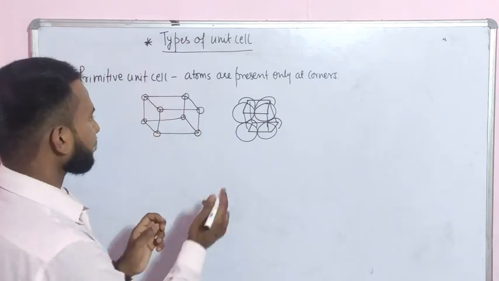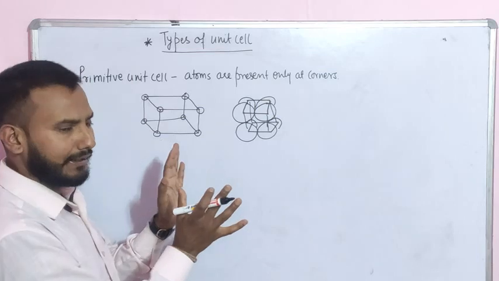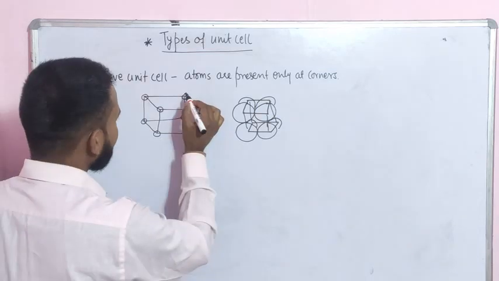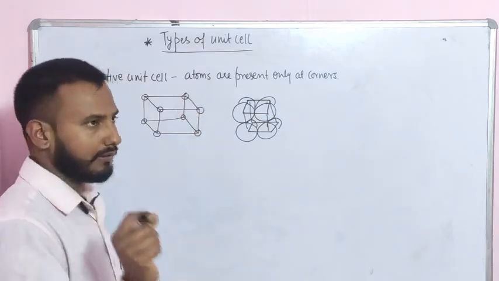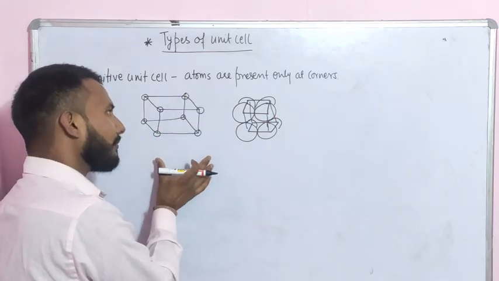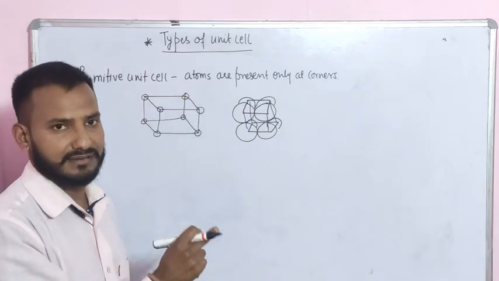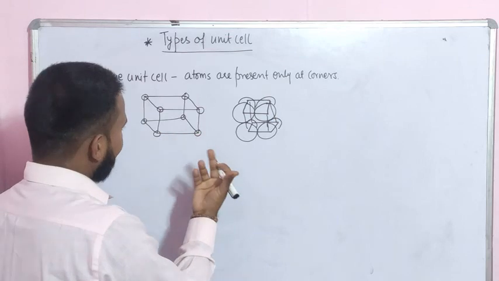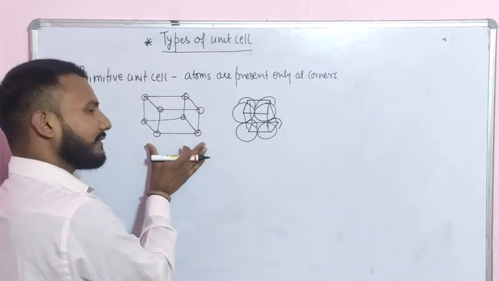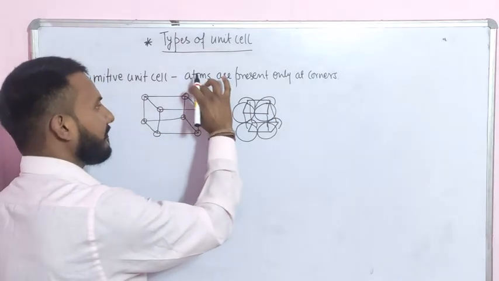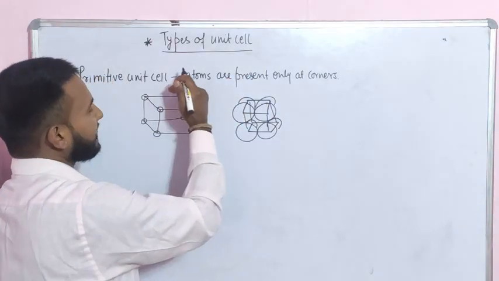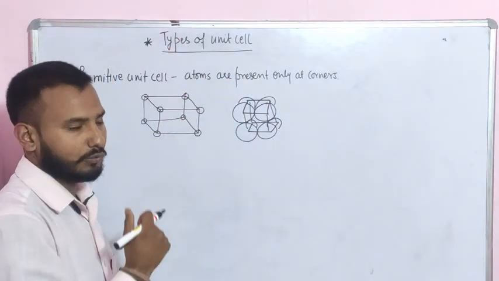Because all atoms are identical in this cubic unit cell, if an atom is present at a corner, its contribution to the whole structure can be calculated like this. There will be one more unit cell above the plane and one more below the plane.